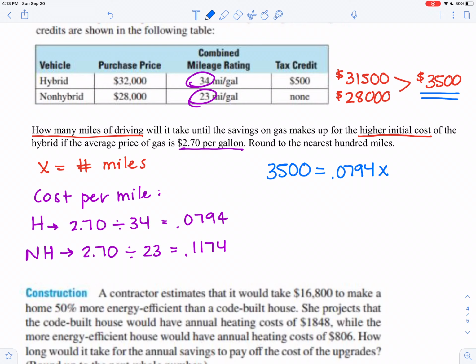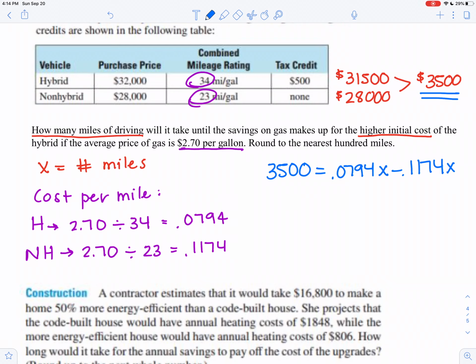Remember, we're trying to figure out how many miles we have to go before that cost is made up. So I'm going to take the difference in the cost of driving and set that equal to the difference in the initial cost. Because when those two things are equal, I will have made up for that higher initial cost.